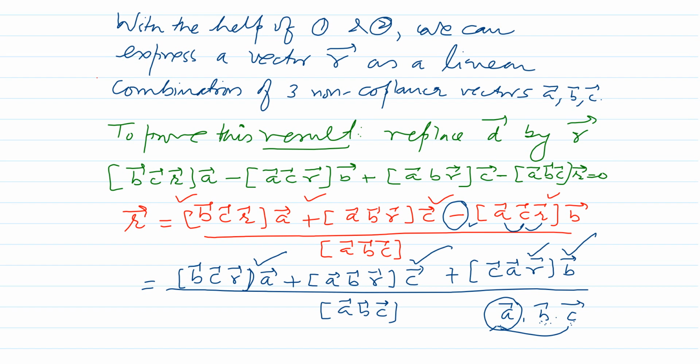So we have replaced one by one each vector in the cyclic order A, B, C by the vector R. So you will get the numerator of this expression and the denominator is A, B, C. So this is the way you can represent a vector R in space as a linear combination of three non-coplanar vectors. So we should stop here.